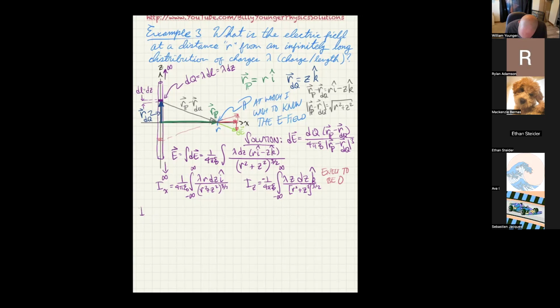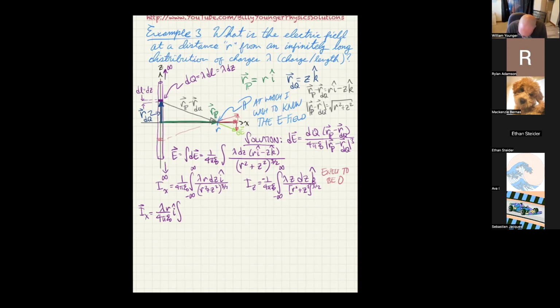I'm going to say E sub x is equal to, which is technically a vector quantity, lambda over 4 pi epsilon naught. The r is actually a constant, so I'm going to pull that out in front. And I'll pull the i hat in front, because i hat, j hat, and k hat are the wonderful unit vectors that you can pass through derivatives and integrals without any loss.